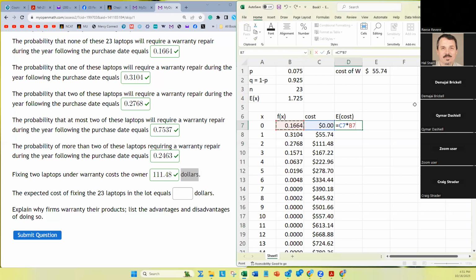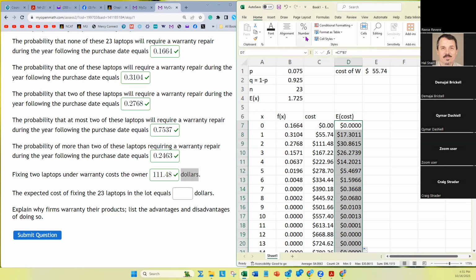I've changed the outcome from X to cost, right? Originally, my outcome was X: 0 laptops fixed, 1 laptop fixed under warranty, 2 laptops fixed under warranty. I'm changing the outcome from X to cost, right? Then I can just double click and get all these costs here. I'm going to also reduce the number of decimal places.